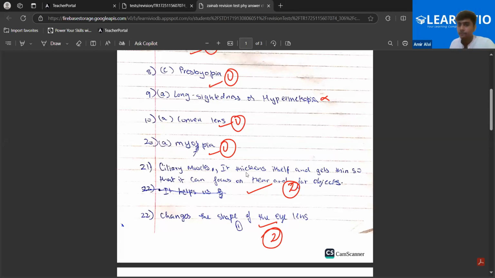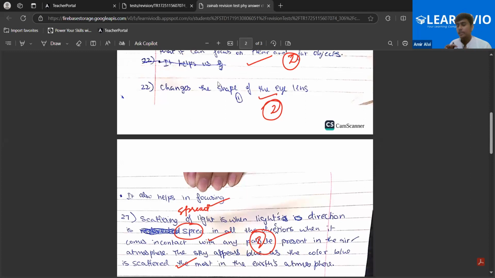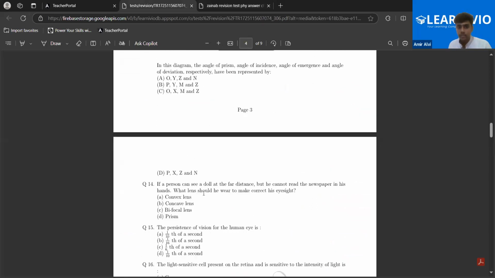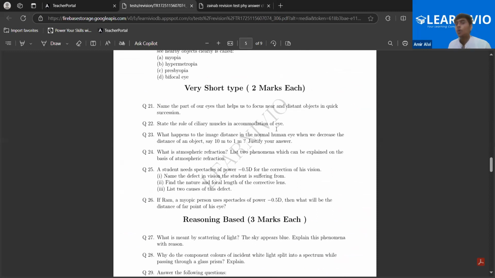Clear, Zainab? Okay. So here you have written basically 2 points, and they are proper, but you have to write them in a proper statement, like change the shape of the eye lens. Question number 22 is saying, state the role of ciliary muscles in accommodation of the eye.